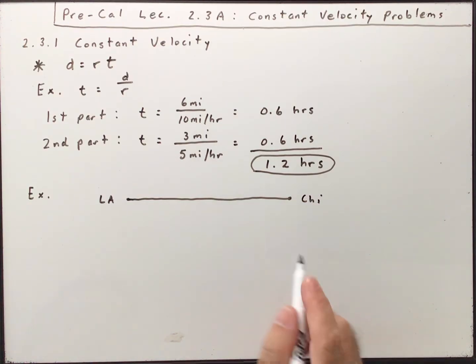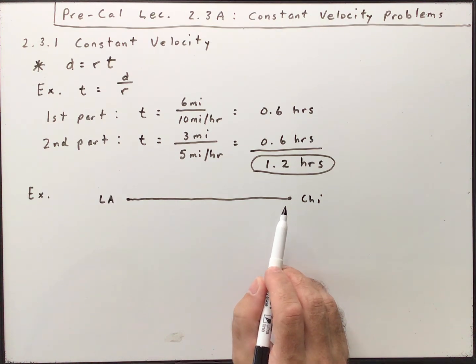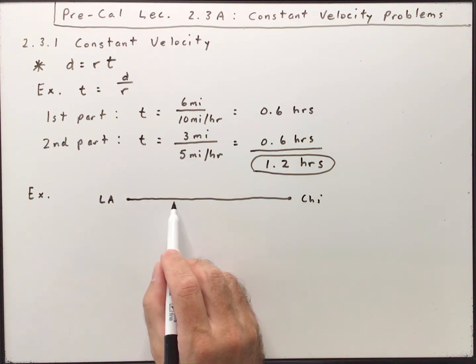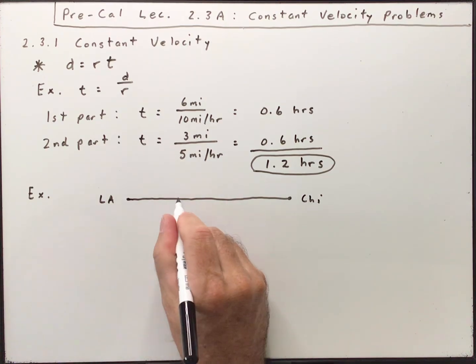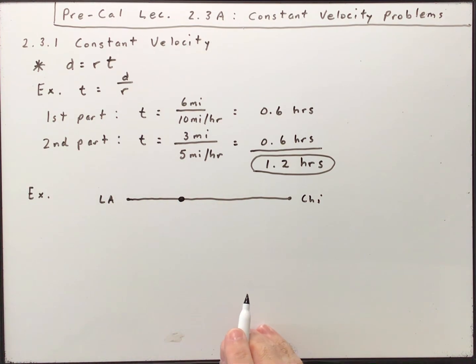All right, and Bill leaves on a plane traveling from Chicago to Los Angeles, and then an hour later, Dave leaves traveling from LA to Chicago, and somewhere they meet. Let's say it's about right in here, because Bill got a 1 hour head start.